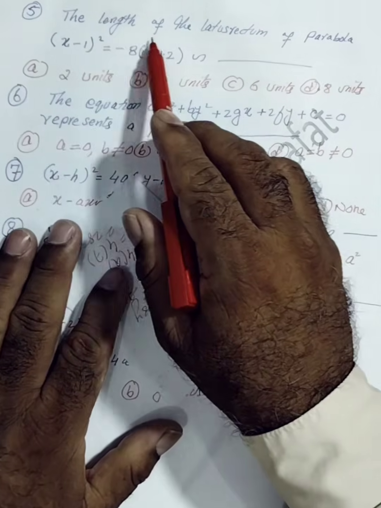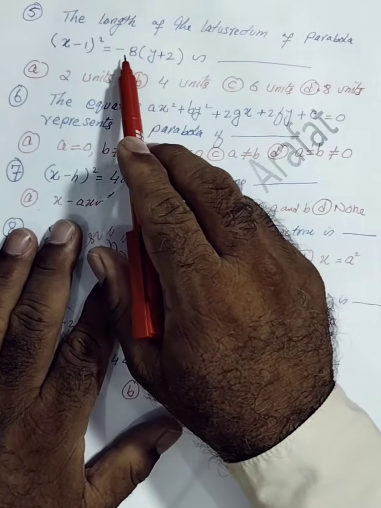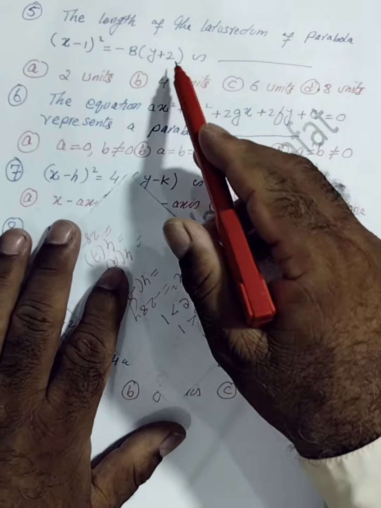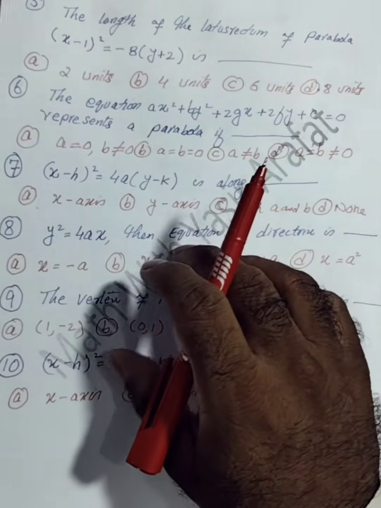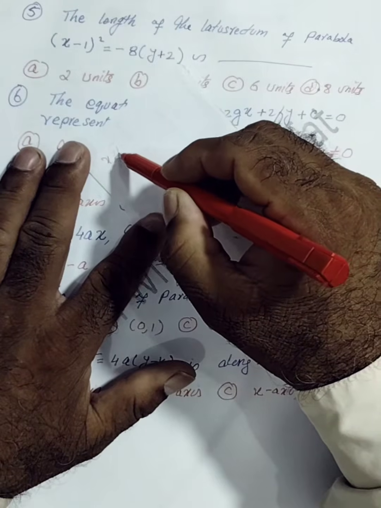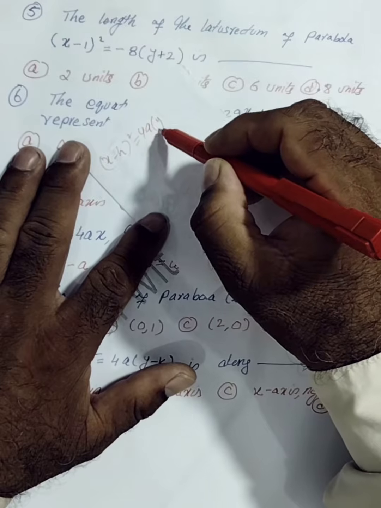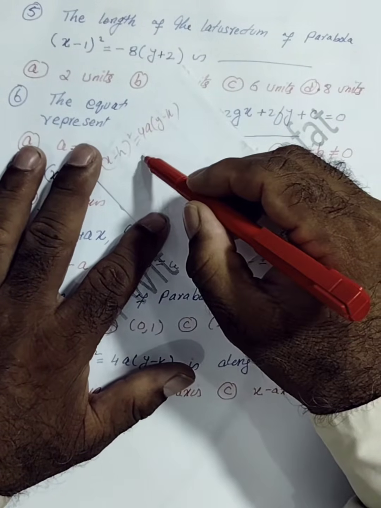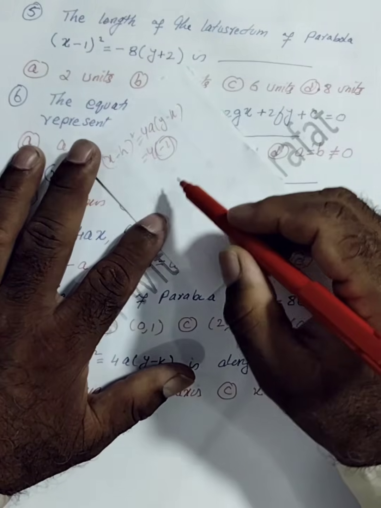Now the length of the latus rectum of the parabola (x minus 1) whole square equals minus 8 (y plus 4). If we write the equation in standard form, this is (x minus h) whole square equals 4a (y minus k). So here 4a is 8, so the value of a in this situation is 2.